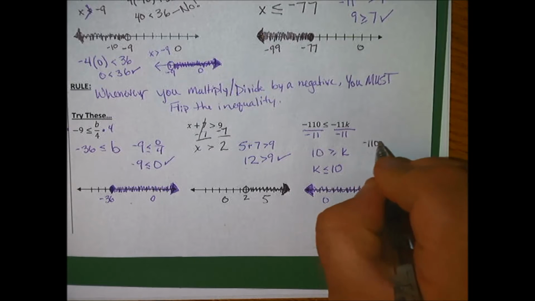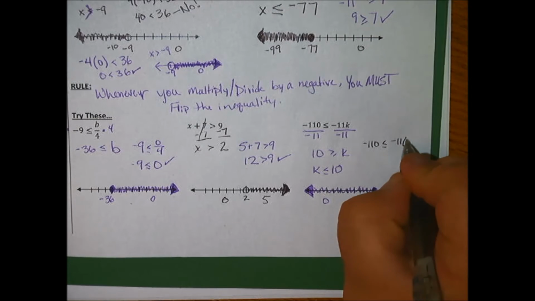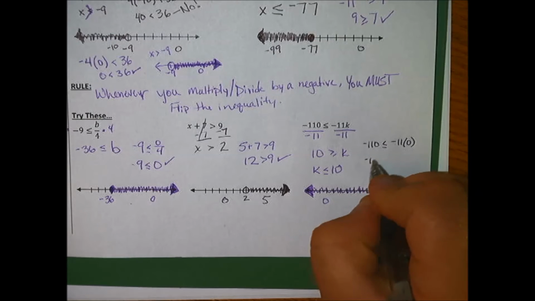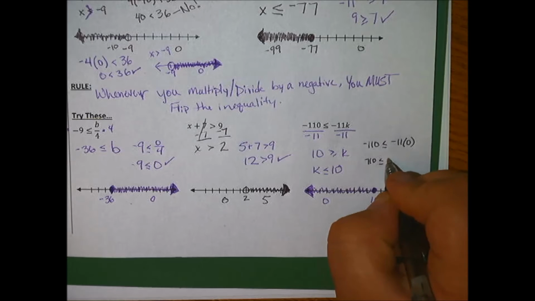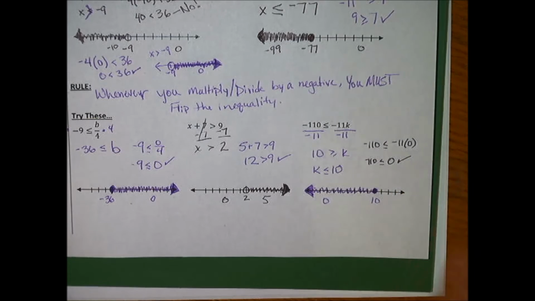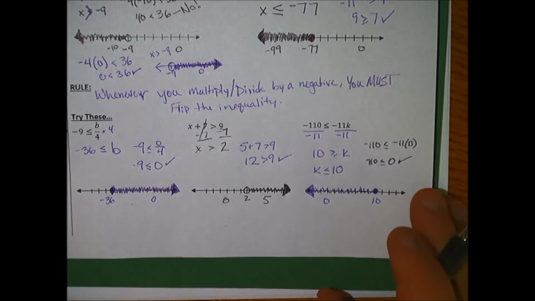So negative 110 less than or equal to negative 11 times 0. Negative 110 is less than or equal to 0. So that works out. We're good to go. We shaded the proper direction. Let's move on to the next page.